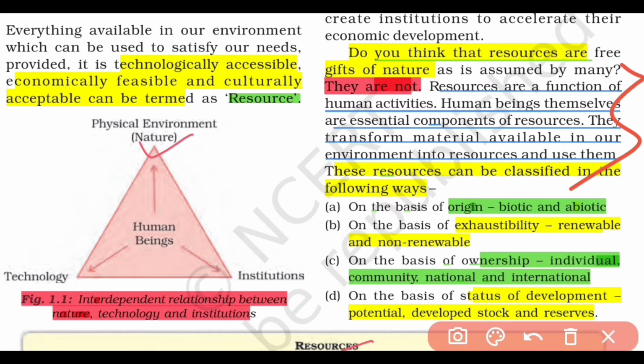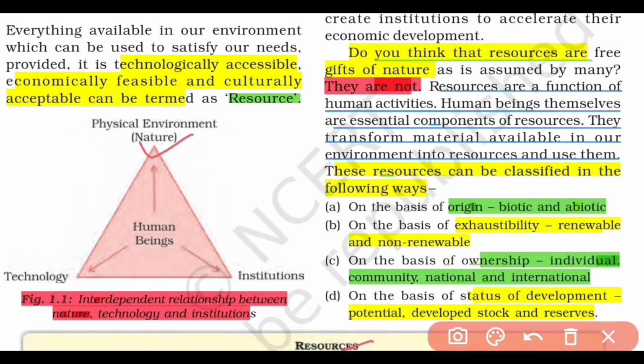The resources are classified on the basis of 4 types. Now look at those 4 types. The first one is origin. Second one is exhaustibility. Third one is ownership. And the fourth one is status of development. Now, based on origin, they are further classified into biotic and abiotic.